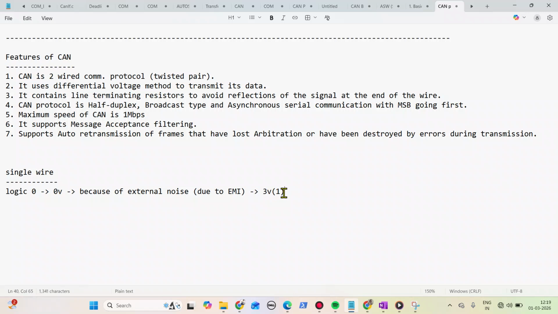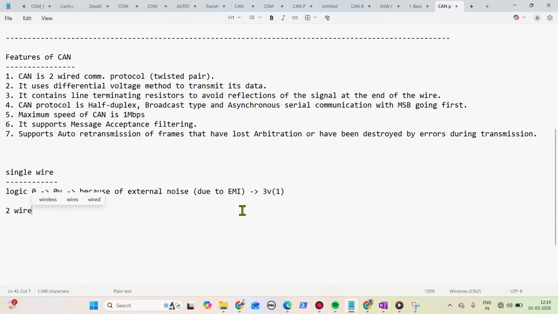The transmitter wants to transmit logic 0, but the receiver is thinking it is logic 1. It should not work like that. Am I right? So this is the issue if we are using a single wire. To overcome this, the CAN protocol was designed with two wires.